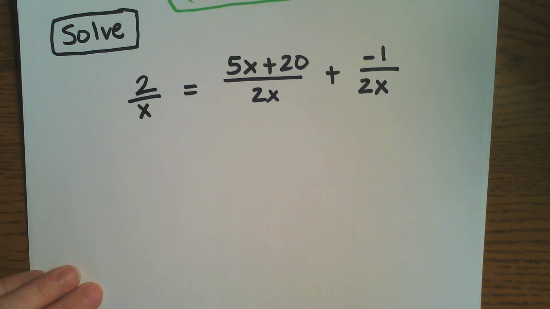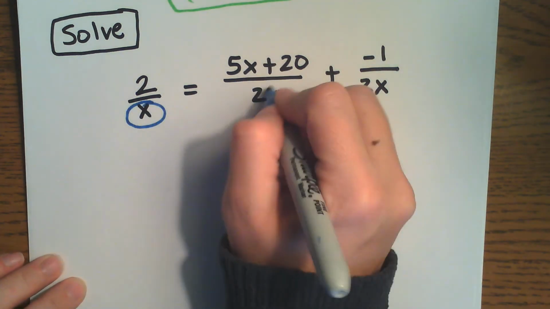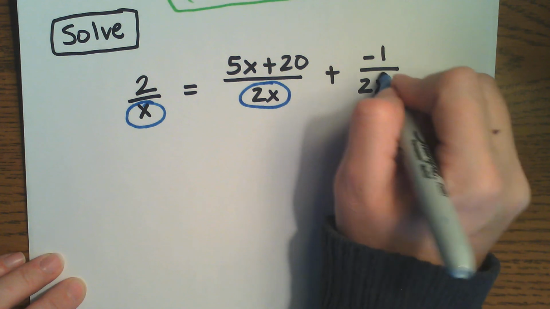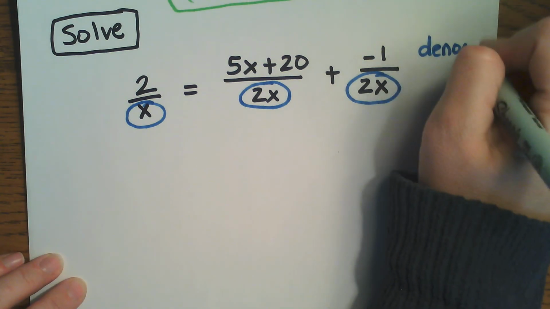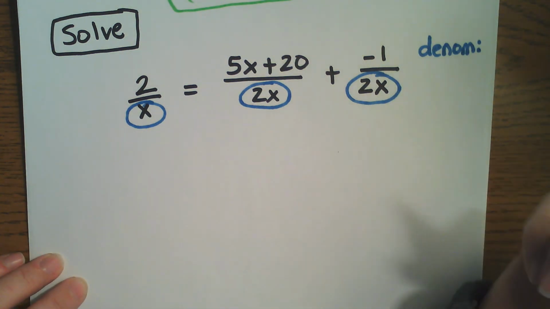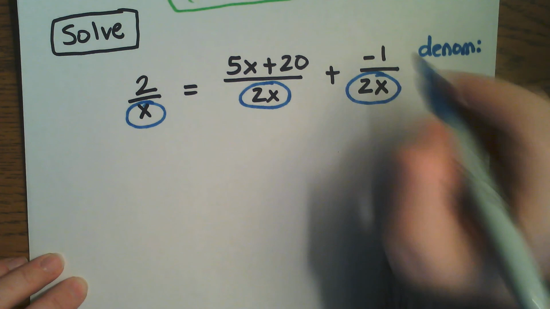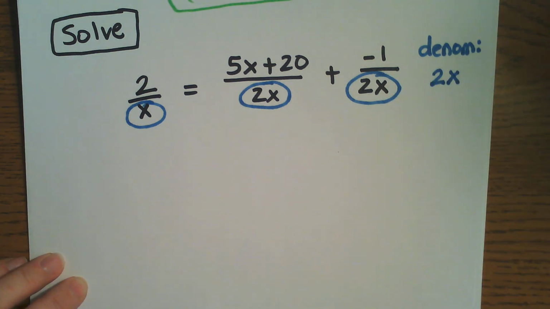So this is a little bit similar to what we do when we're adding and subtracting. We're looking down at the bottom at what's in the denominator, and I see x, 2x, and 2x. So at the very least, I see a 2 in some of them and an x in some of them. And I don't need to combine them and make more. I just see 2x.